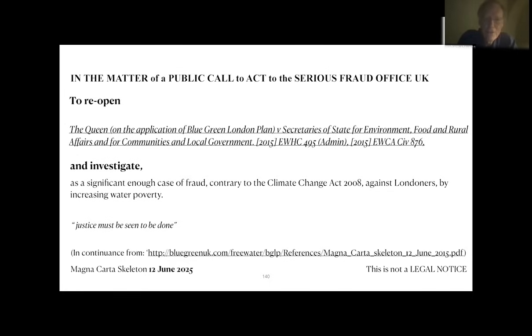So the signification they have to take from the signifier of Thames Water is a significant enough case of fraud against Londoners, contrary to Climate Change Act 2008, by increasing the water poverty.